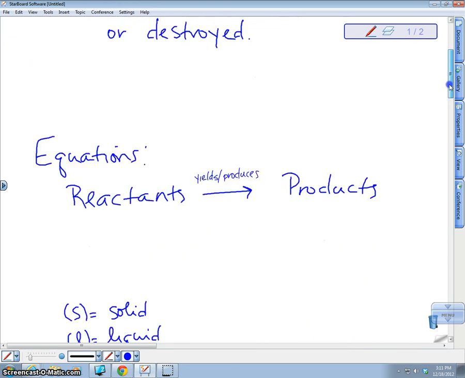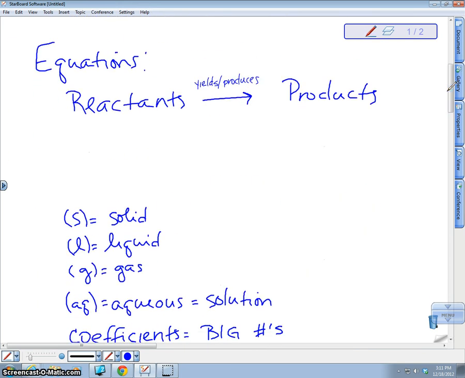Right? So we already know that when we write equations, we start with reactants on the left and products on the right. In the middle, we put this arrow, and that arrow stands for yields or produces. So this tells us that some reactants react with each other, the bonds break and rearrange to produce some products. Right?